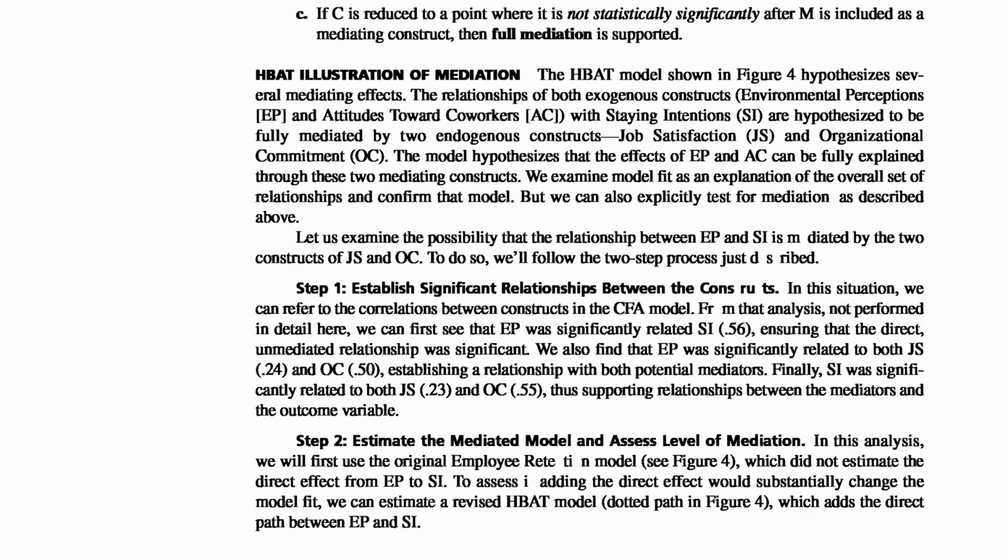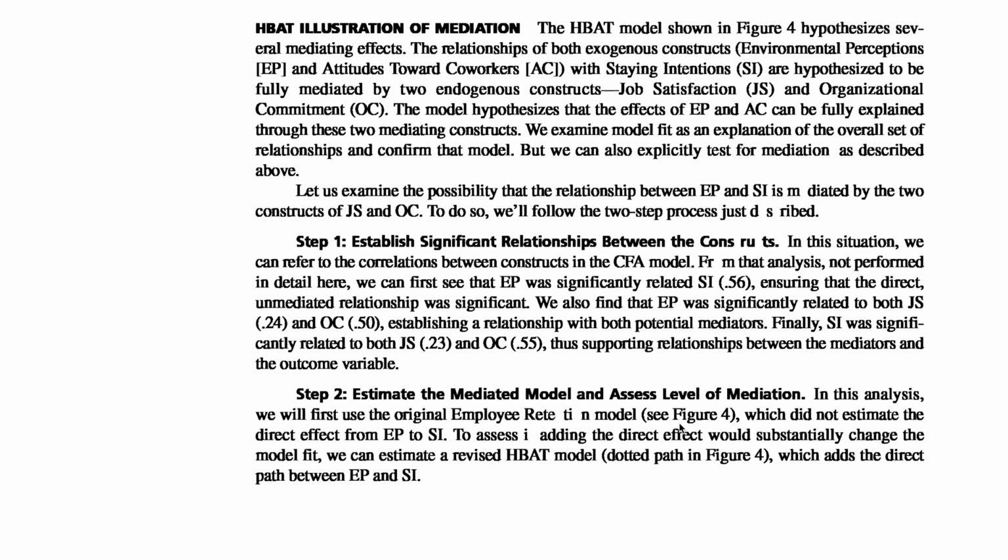Step 1: establish significant relationships between the constructs. In this situation, we can refer to the correlations between the constructs in the confirmatory factor analysis model. From that analysis, not performed in detail here, we can first see that EP was significantly related to SI at 0.56, ensuring that the direct unmediated relationship was significant.